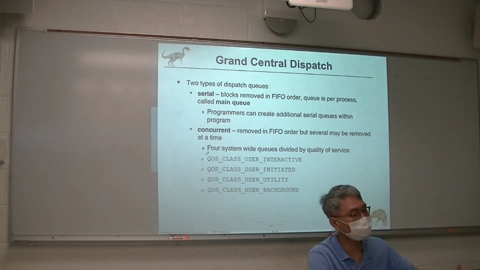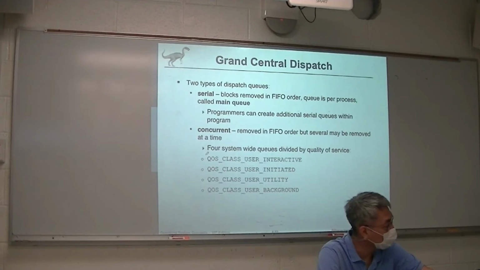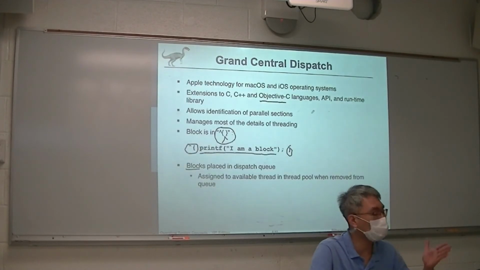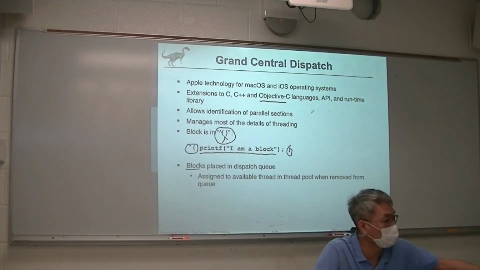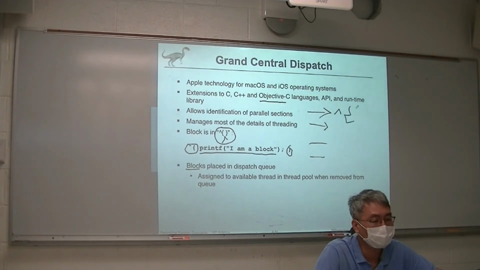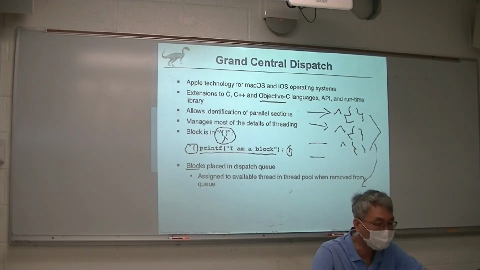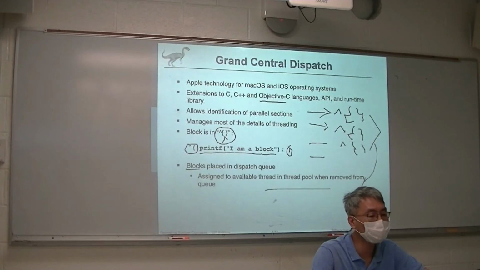There are two types of Grand Central Dispatch. One is the serial. Probably this is not the only program requesting the thread pool. There might be many process requests, like using this symbol in many programs. Even one program may have several. So whenever a request is received, the OS manages one main queue.